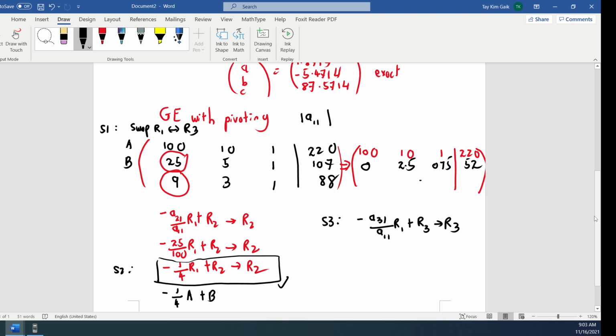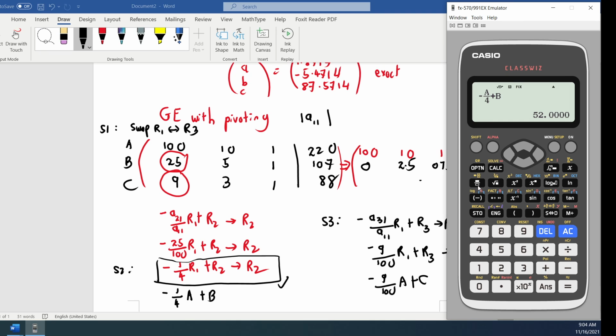A31 is 9, so negative 9 over 100 row 1 plus row 3 put into row 3. You may indicate row 1 as A, and row 3 as C. So put up the formula: negative 9 over 100, negative 0.09 A plus C.